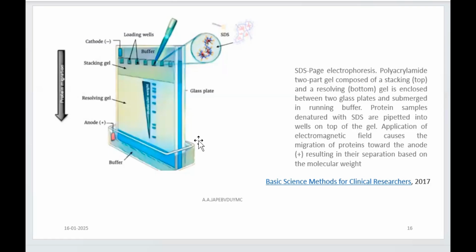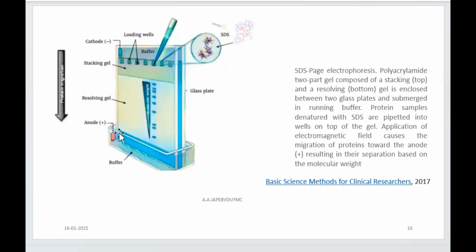So when the main separating gel, which is normally about 10 centimeter long, is poured, you have cast that between the two glass plates that are part of the assembly. Once that gel is set, then a very short gel is added, comparatively 1/10 of the size of the total resolving gel.